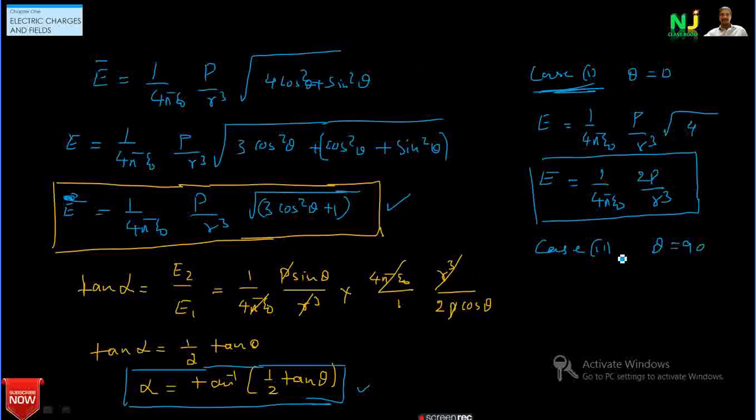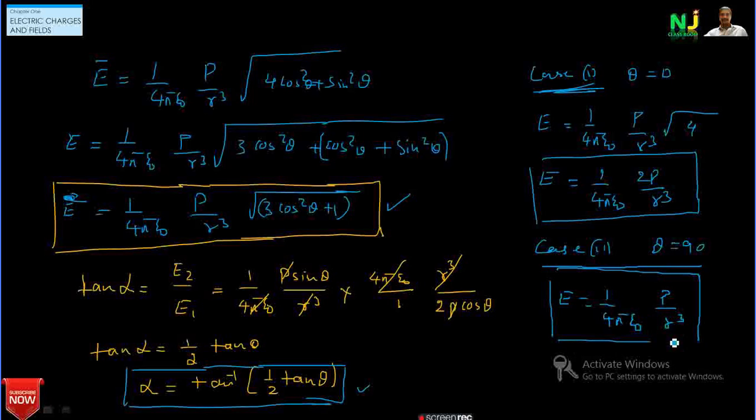So in 3 cos square theta plus 1, 0 plus 1 is equal to 1, and the square root of 1 is 1. Therefore finally you get 1 by 4 pi epsilon naught, p by r cube only. So this is the formula for calculating the electric field at any point on the axis as well as on the equatorial bisector by using the general formula.